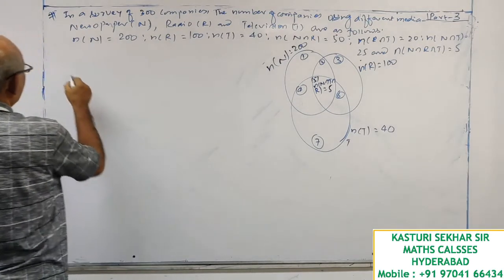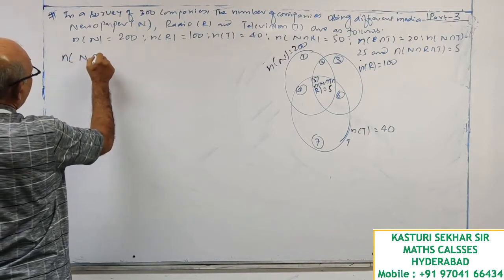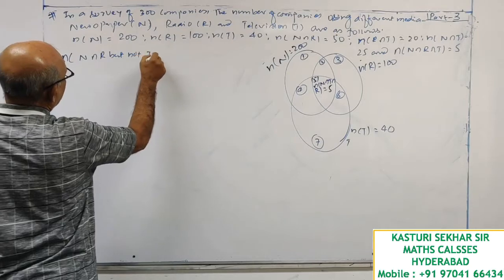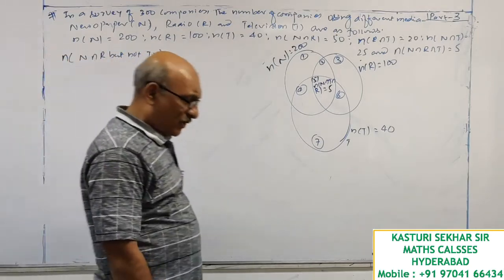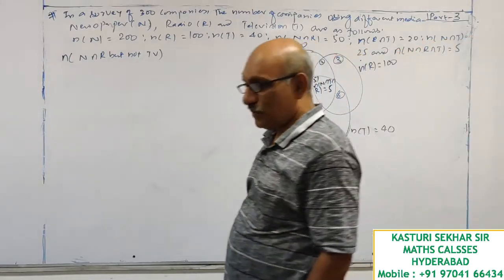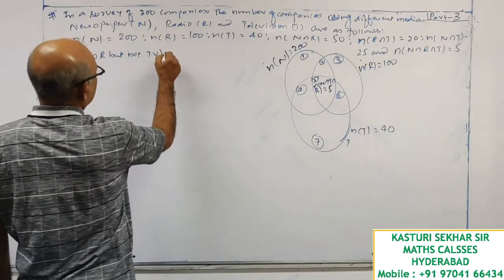What is part 2, sir? Number of companies using newspaper and radio but not TV as media.